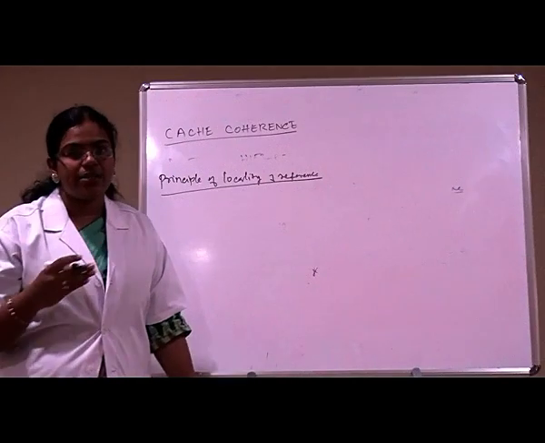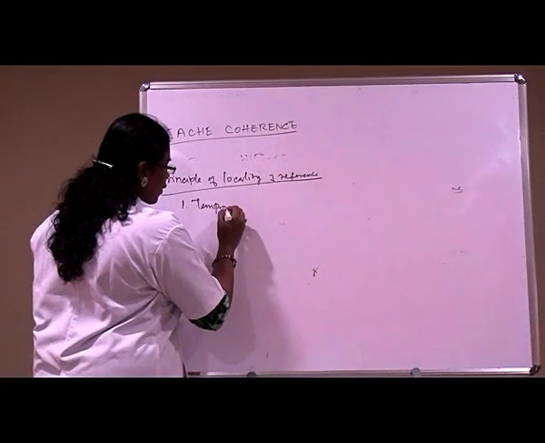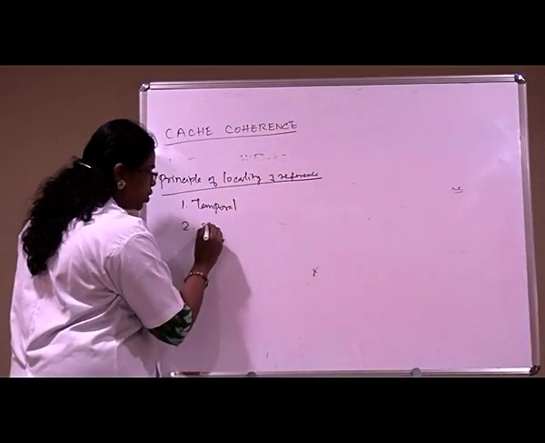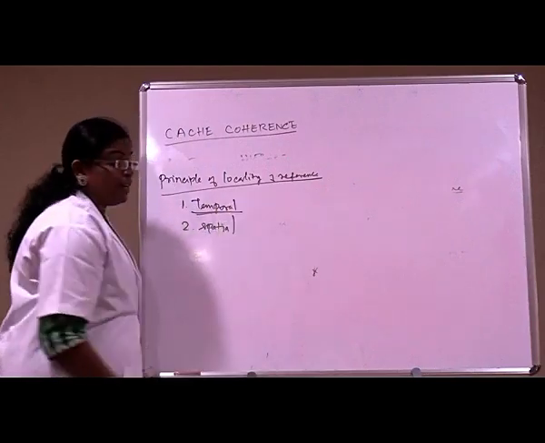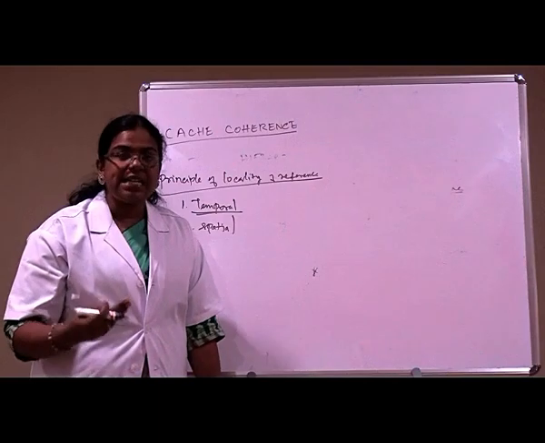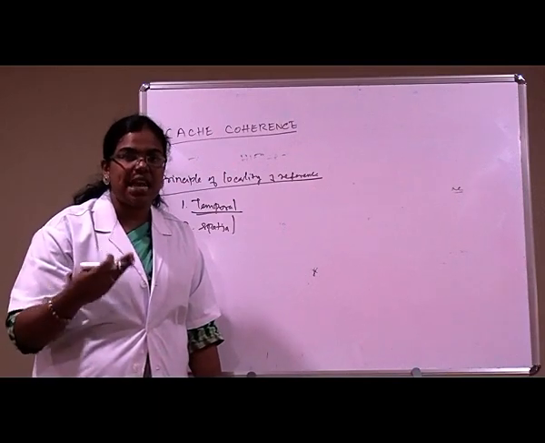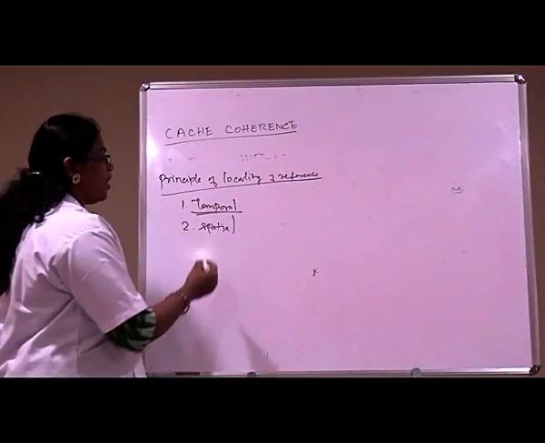It is categorized into two types. One is temporal locality of reference. The second one is spatial locality of reference. Temporal locality of reference is, if an instruction is executed recently, there is a high chance of executing the same instruction in the near future. That is called temporal locality of reference.